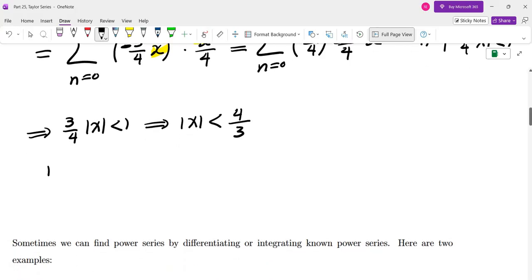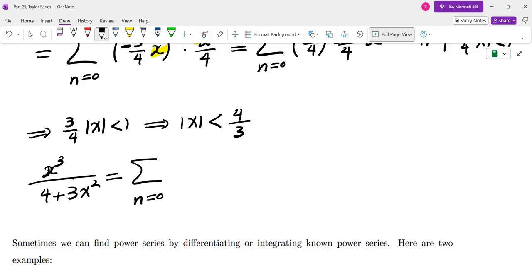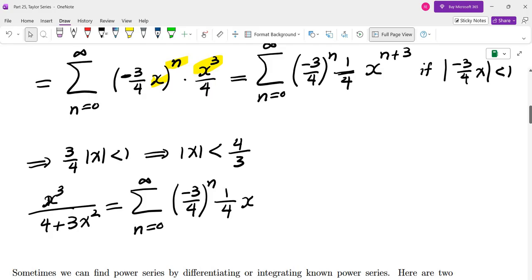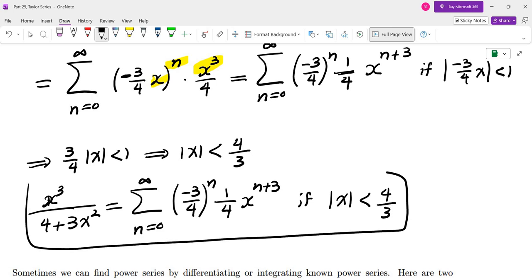So bottom line is x cubed over 4 plus 3x is equal to the sum n equals 0 to infinity of negative 3/4 to the n times a quarter x to the power of n plus 3 if absolute value of x is less than 4/3. So this would be the final answer. And by the way, this was 3x, not 3x squared.